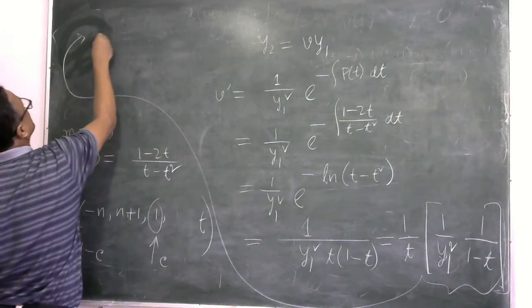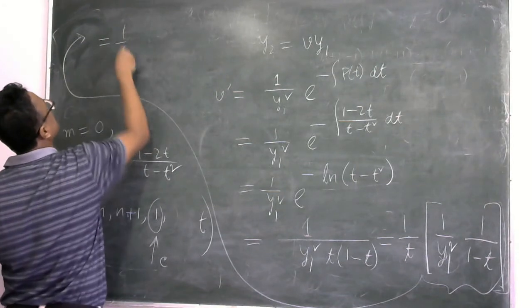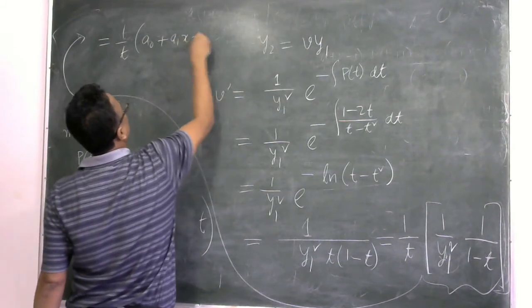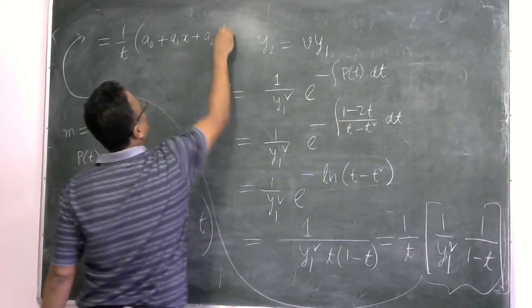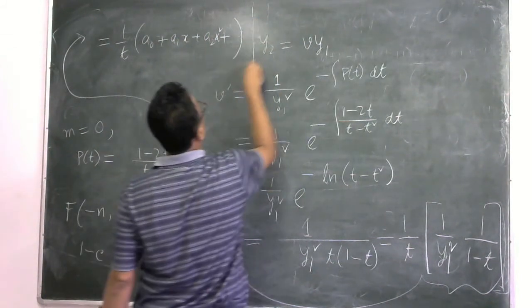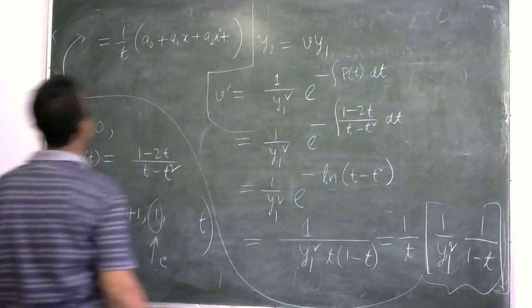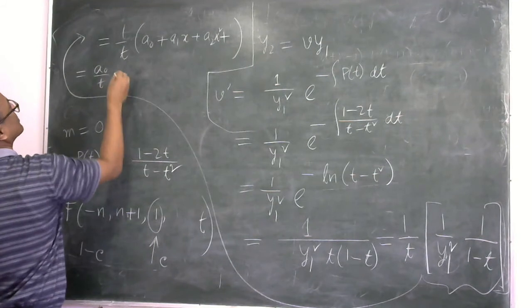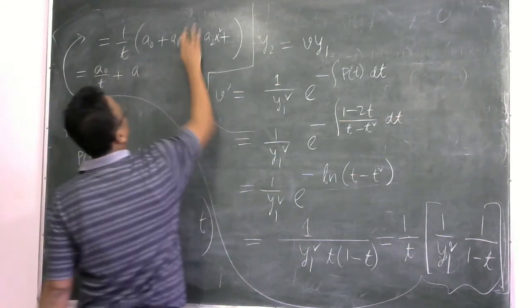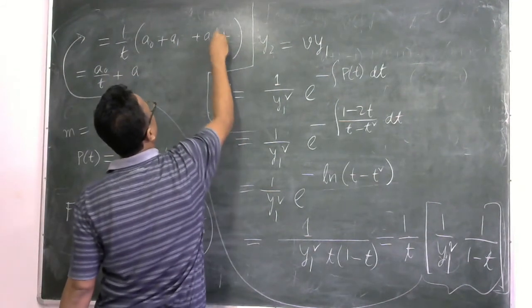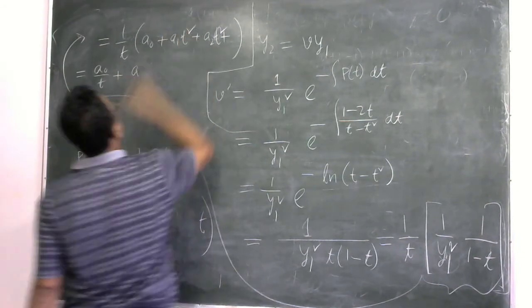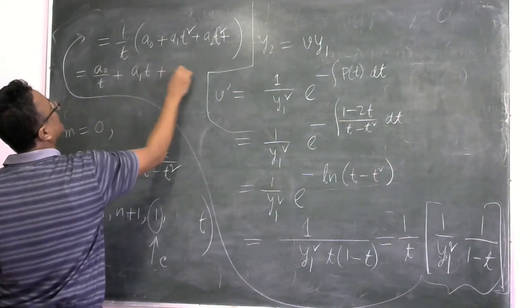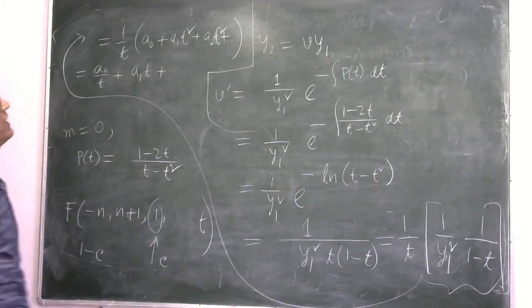This is equal to 1 by t, and then something like a naught plus a1 t, a2 t and so on, right? Hey, this is not x, this is t, sorry. Okay, fine.